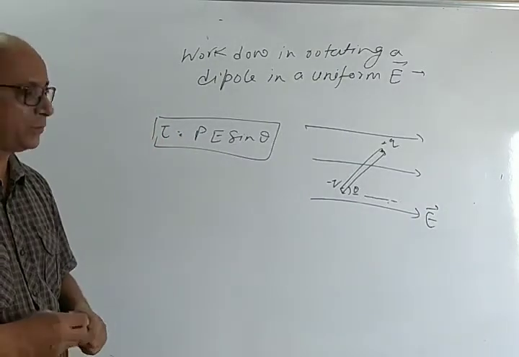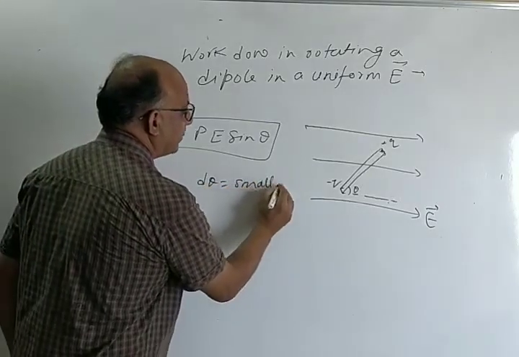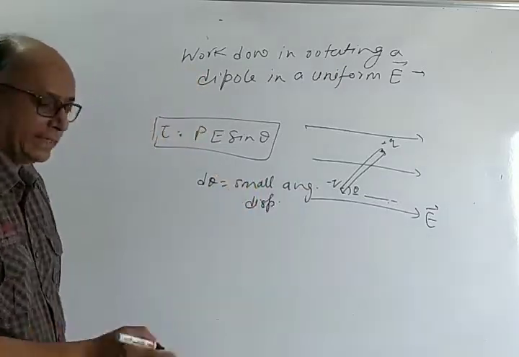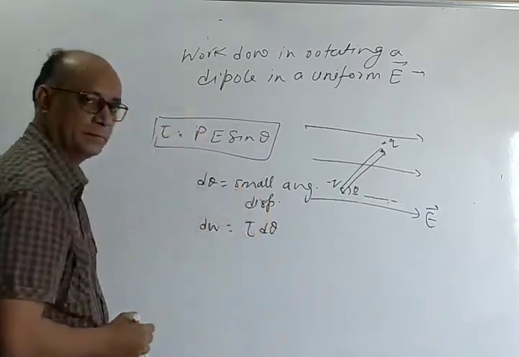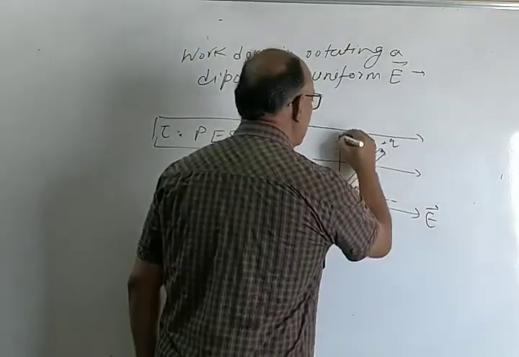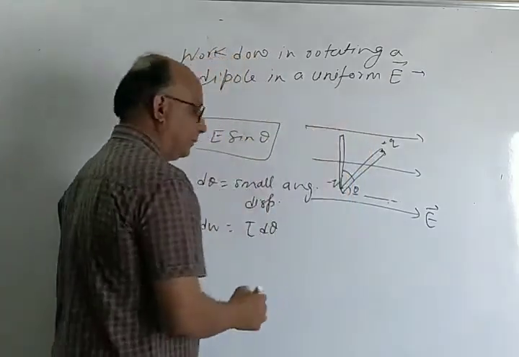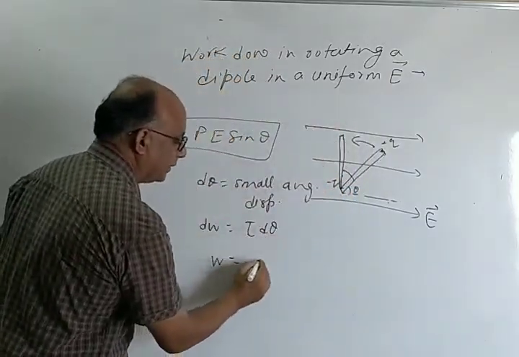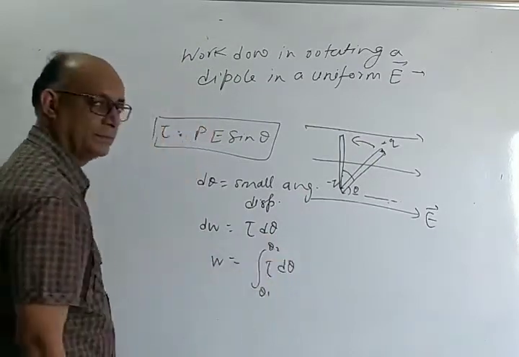So in this situation, what we are going to do is, we consider d theta as a small angular displacement. And then a small work done is torque into d theta. Then if you want to turn the dipole from one particular angle to another angle, from theta 1 to theta 2, in this case total work done will be integration of torque d theta, theta 1 to theta 2.